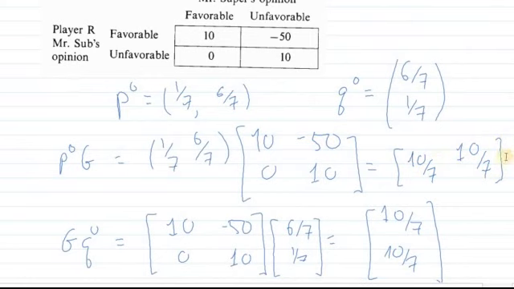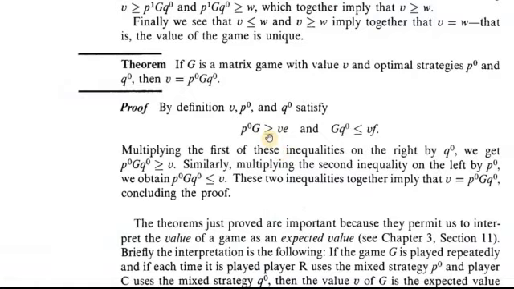No matter what column vector Mr. Super chooses, you're still going to get 10/7. Right? If I multiply this row vector by 6/7, 1/7, I'm going to get 10/7. Doesn't matter what. If I multiply this row vector by any probability vector, I'm still going to get 10/7. All right? So that's what this theorem is about.